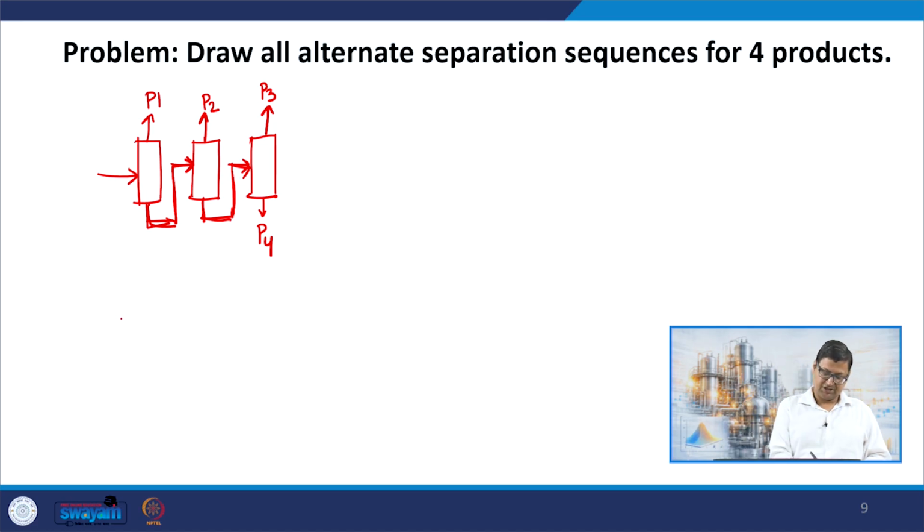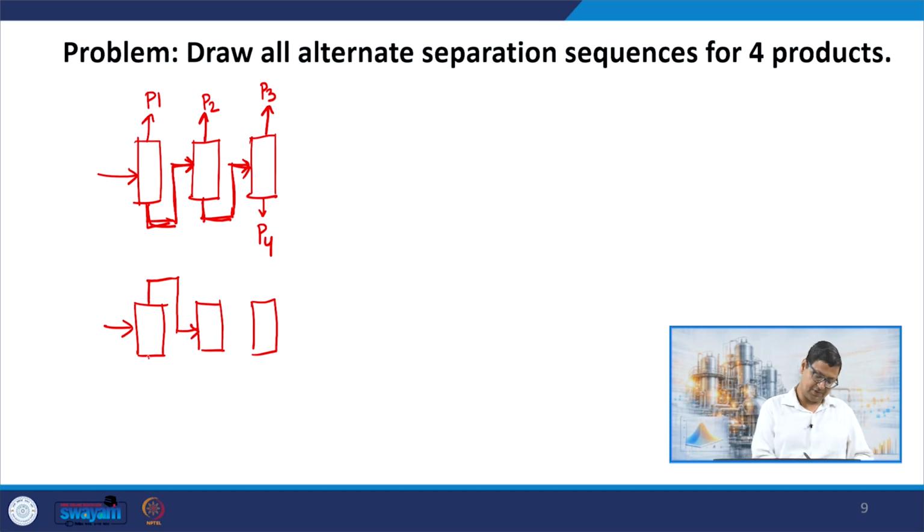So now I can of course change that, and I can have something like this, where from the first column, the top part becomes the feed for the second column, and the product P1 comes from the bottom of the first column, and the P2 still comes from the top of the second column, and P3 and P4 are as earlier.